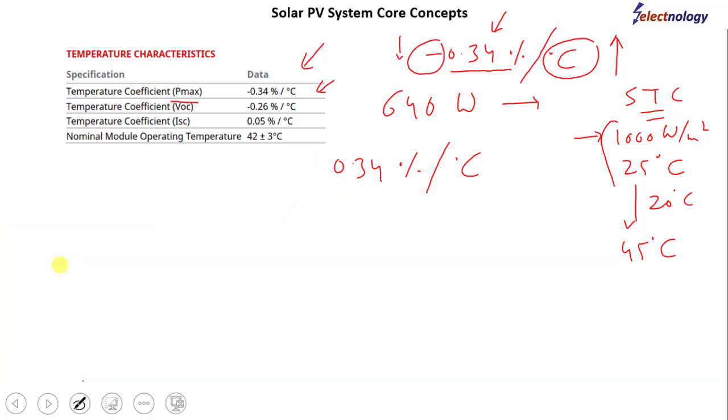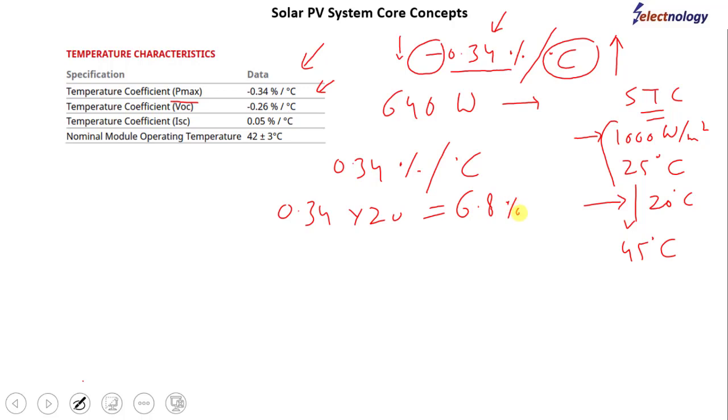Now let's calculate how much in percentage the rated power shall decrease if the temperature of the PV module increases by 20 degrees centigrade. We will simply multiply 0.34 by 20, and this comes out to be 6.8%.